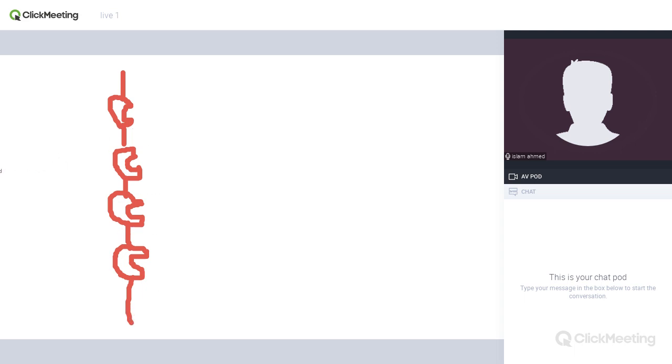Okay, so first of all, for the active transport process, the first thing is it's against the concentration gradient.